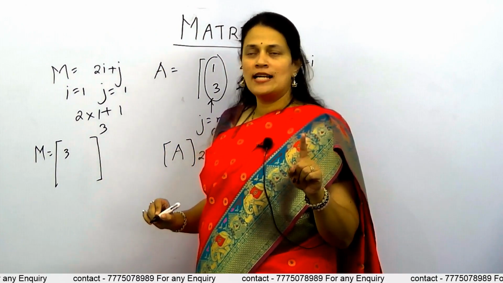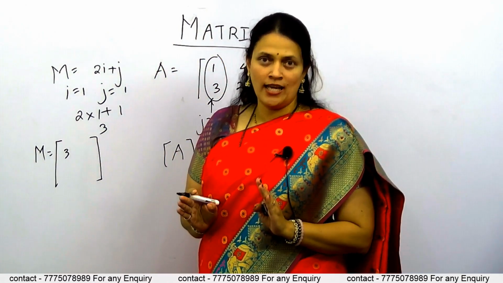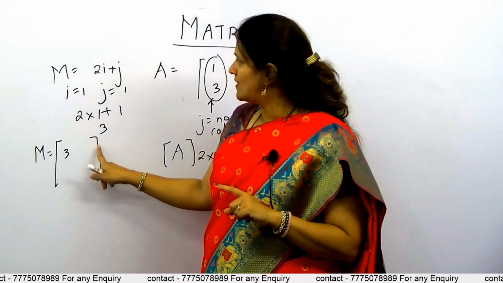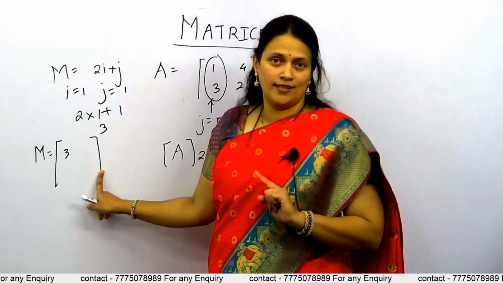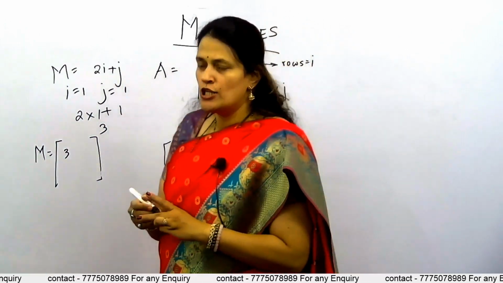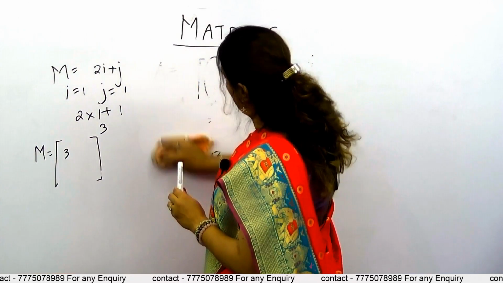Now suppose I take the value, you can take any random values of i and j, but you have to remember that since this is a 2 by 2 matrix, you have to take the values as 1 and 2 only in this particular case. Alright, so let me tell you how to fill in the next elements.